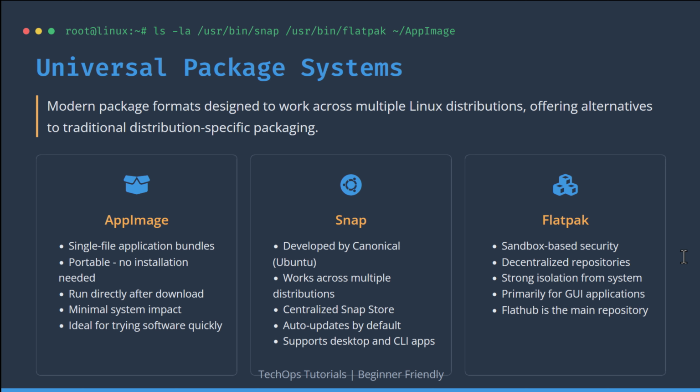Flatpak focuses on security by running applications inside a sandbox, keeping them isolated from your system. It uses decentralized repositories, mainly for graphical applications, with Flathub being the main place to find applications. All these universal package systems make it easier to get and run software no matter which Linux distribution you are using.